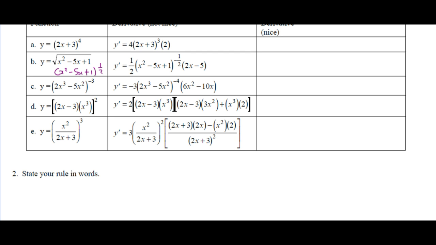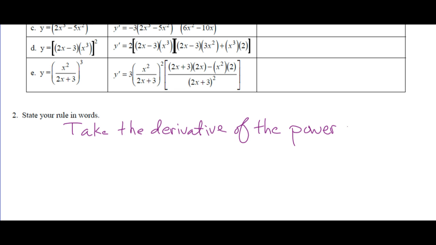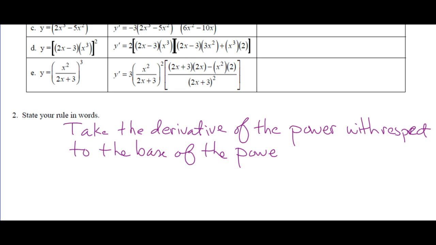Okay, so let's see, I've got some words here. Take the derivative of the power with respect to the base of the power, which for us is just the expression in parentheses, right?